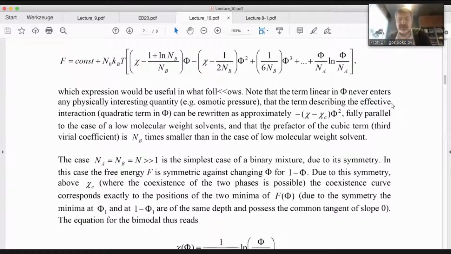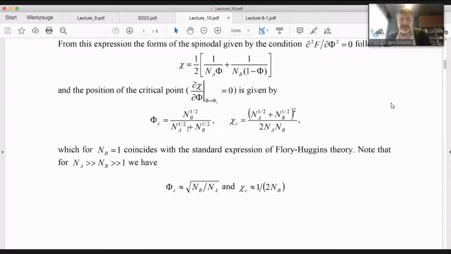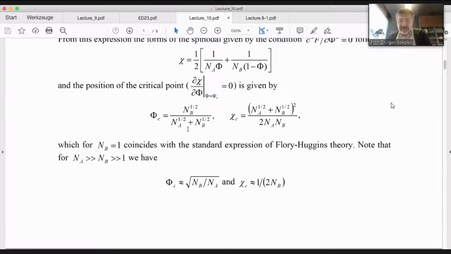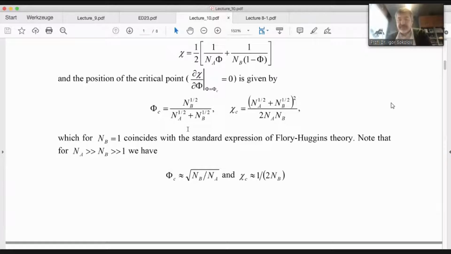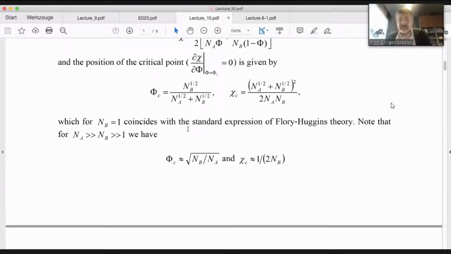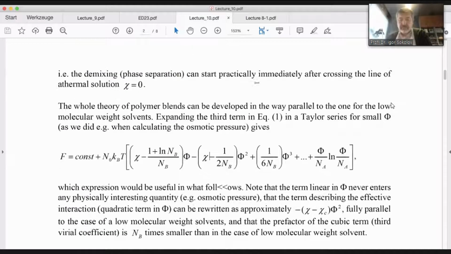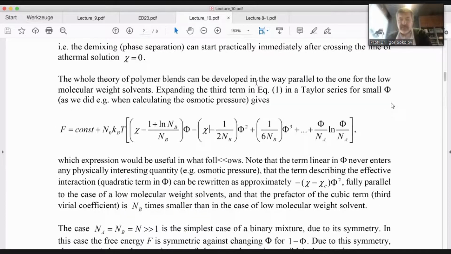I have to check, or it is something wrong. Here you get 1/2, which is correct. I will have to check.